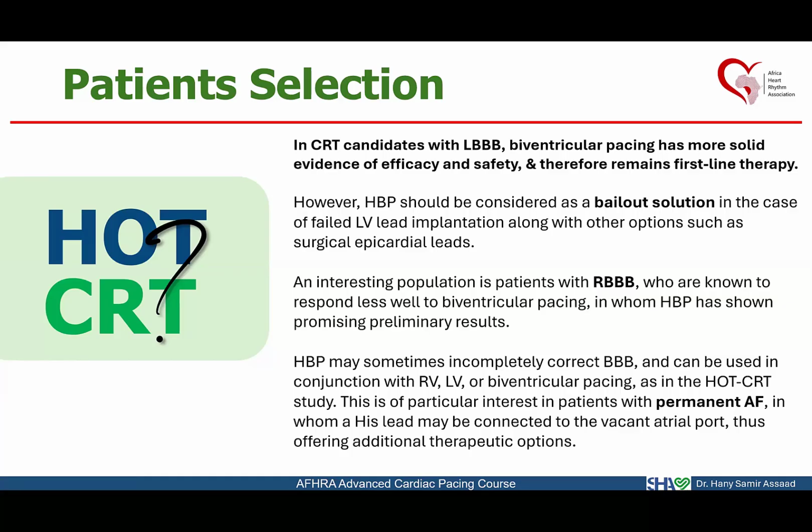In the guidelines, we have a list of advantages and disadvantages of thinking this way. It's worth saying so that we are familiar with the idea of an assisted or optimized technique for CRT using an additional His or left bundle area lead.